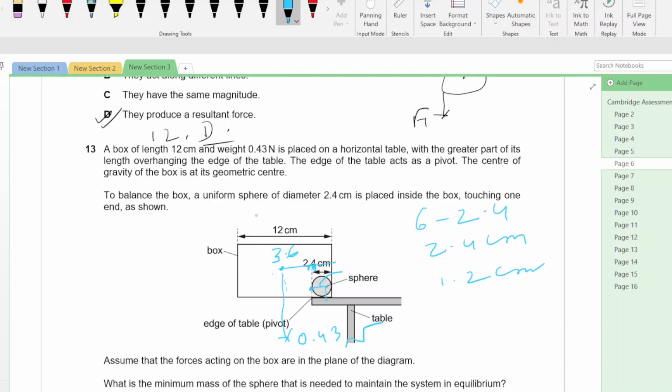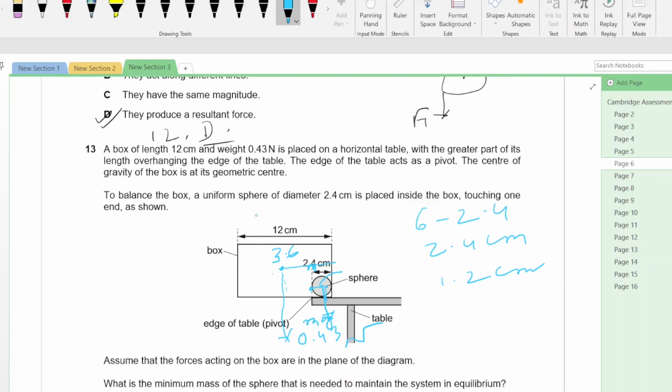Its weight acts as shown in the diagram. Let the mass of the sphere be m kg. Therefore, weight is mg Newton.